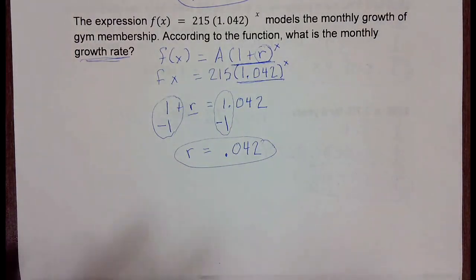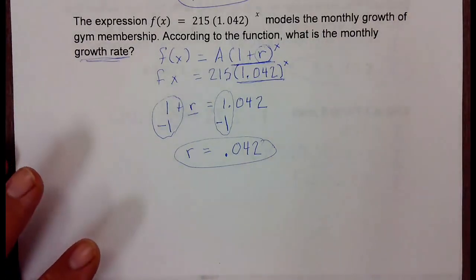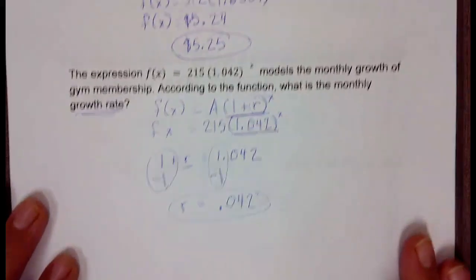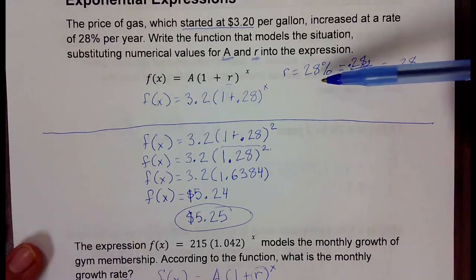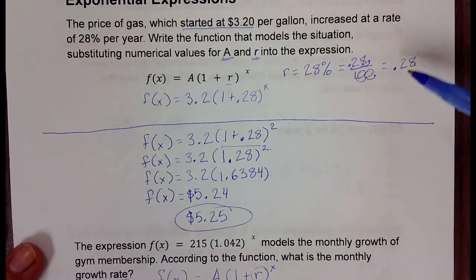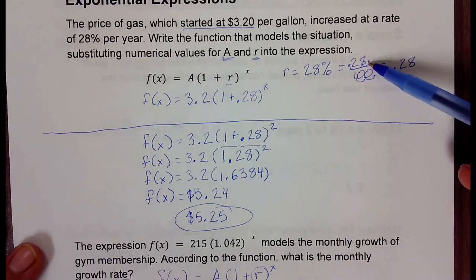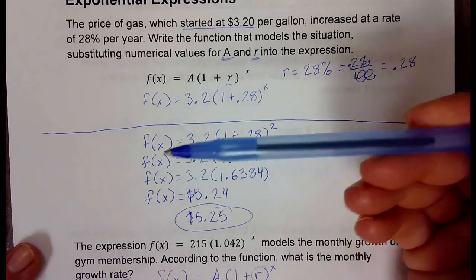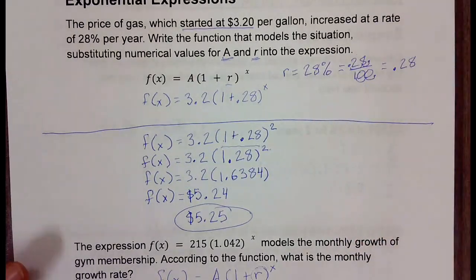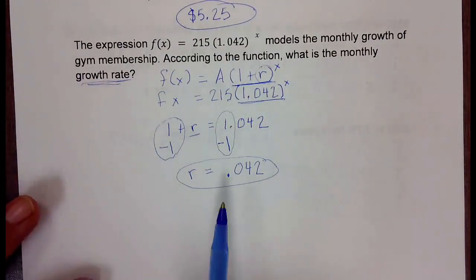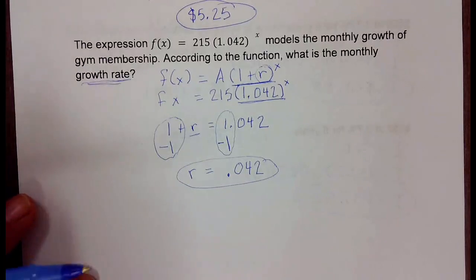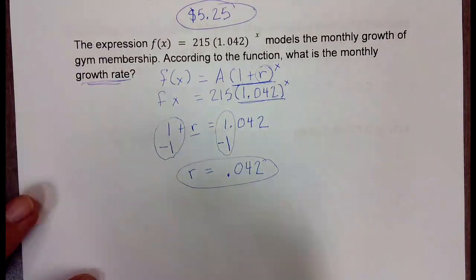I'm going to write that as a percent. Remember when we were changing a percent to a decimal, we move this decimal place over 2 places to the left. So to convert a decimal to a percent, I'm going to move this decimal place over 2 places to the right.